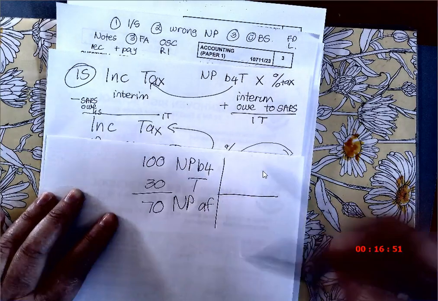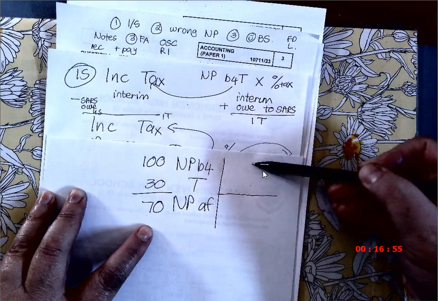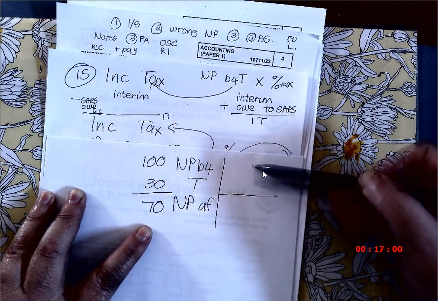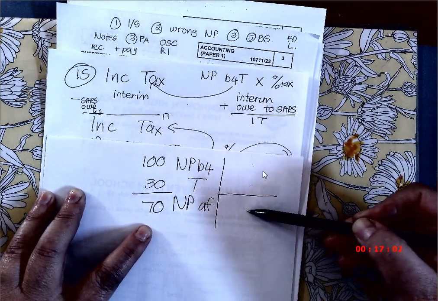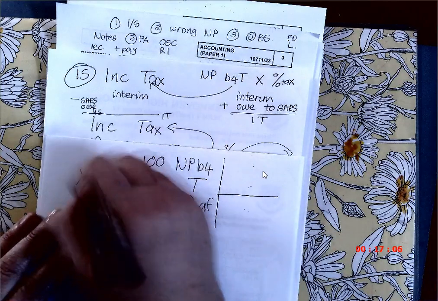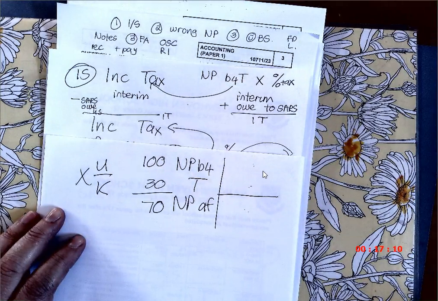So now if they give me the tax, I can work out either one. If they give me this one, I can work out this one. You just remember unknown over known. You guys sharp? Yes, sir.